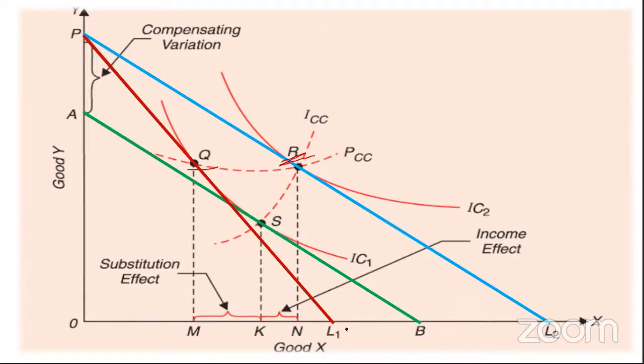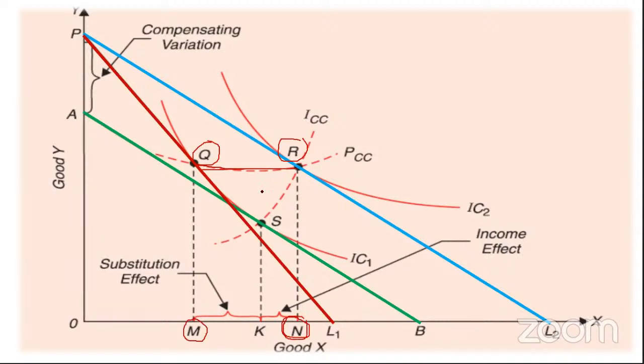So remember, L1 and L2 are there, but I'm explaining where he gets the equilibrium position of maximum satisfaction: at the equilibrium point Q and the second equilibrium point R. When I join the equilibrium points Q and R, from M to N, that is entirely because of the price effect.